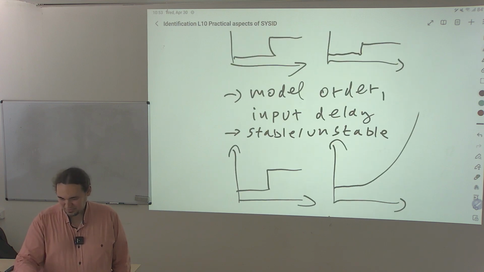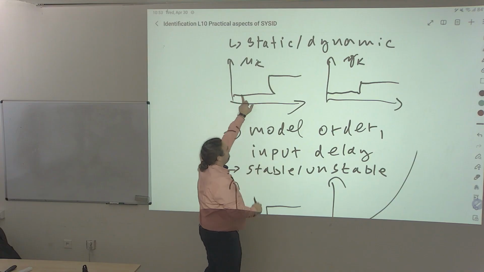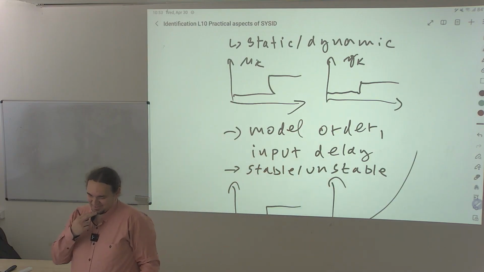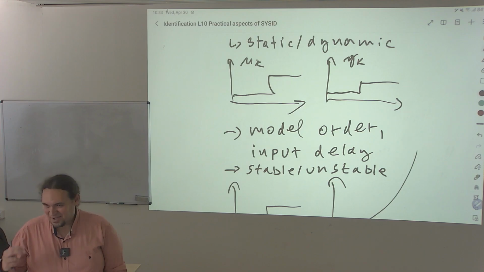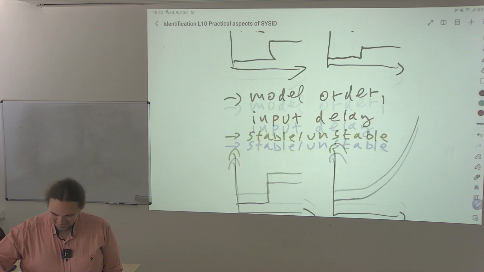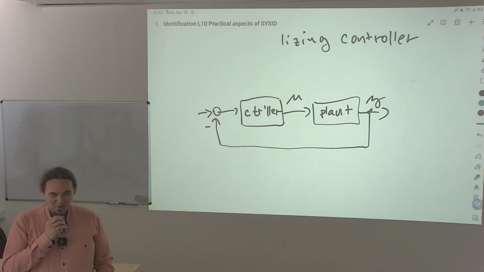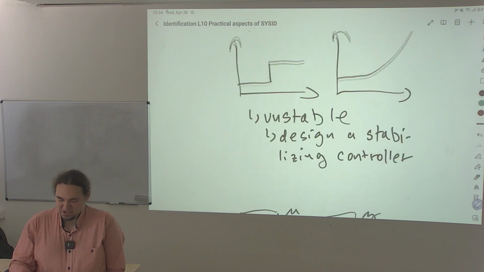You cannot really learn anything about the time constant, about the delay, about poles, zeros. So how to get some data for dynamic identification, or let's just test whether the system is dynamic.